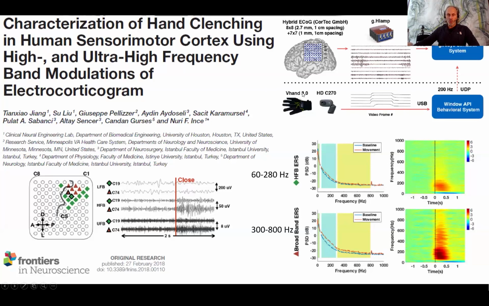Then Nuri put the data glove onto one of the patients, had also a high resolution camera, and he was sending everything into g.tec professional to record the ECoG data, but also the motion data at the same time. Here you can see that he analyzed the high gamma frequency band in the standard range between 60 and 280 Hertz. This is the range that most people use.